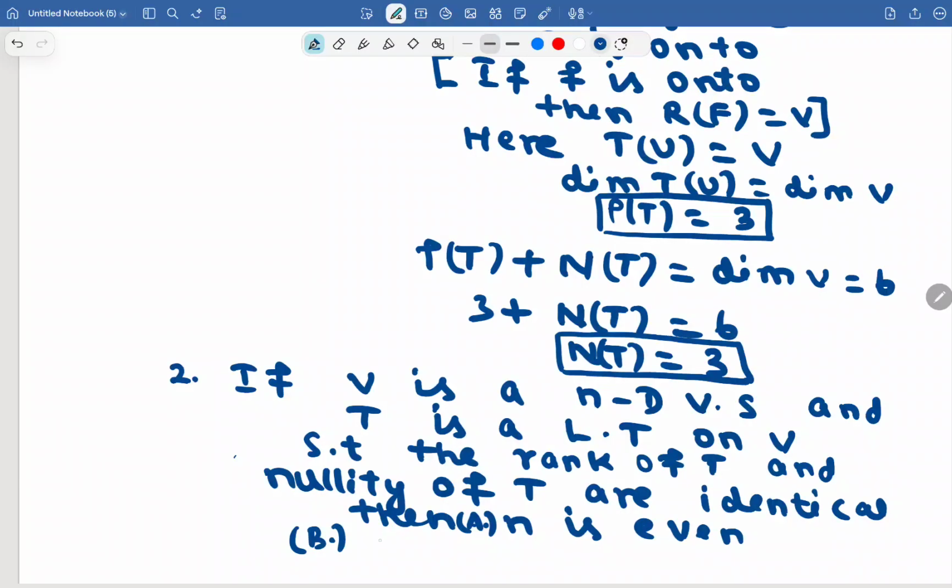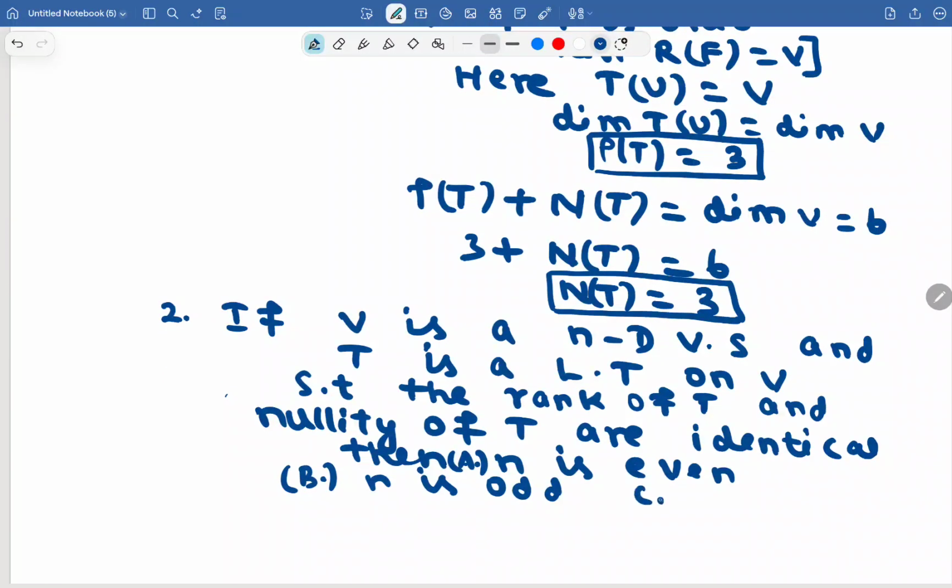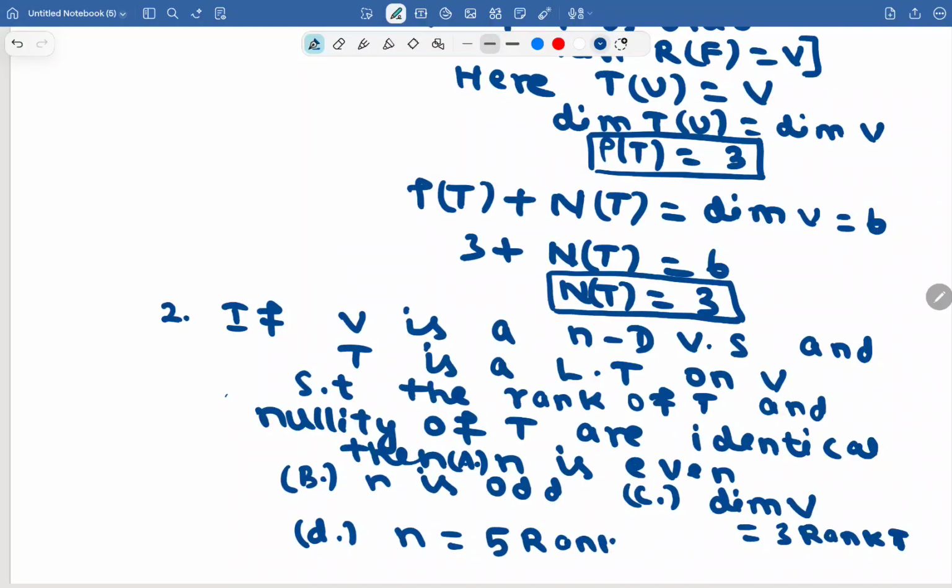Option B, n is odd. Option C, dimension of V is equal to three times rank of T. Option D, n equal to 5 times rank of T.